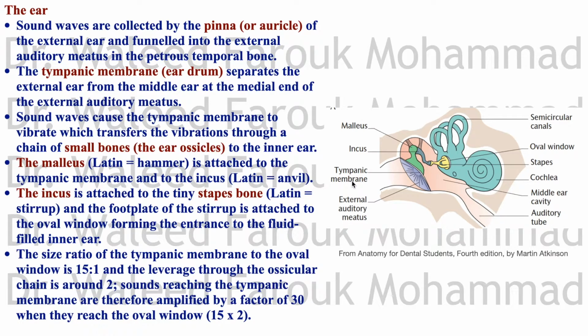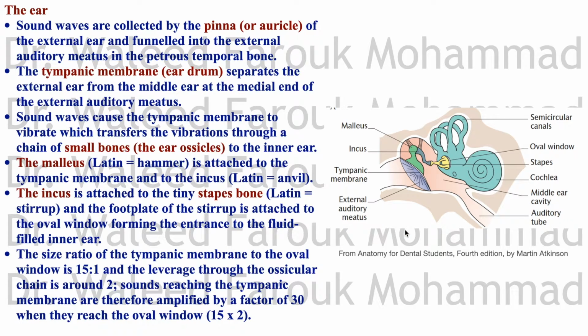Now, about the magnification of the sound waves, there are several factors. First of all, the ear ossicles magnify the wave impulse, but the most important magnification is due to the ratio between the size of the tympanic membrane and the oval window.